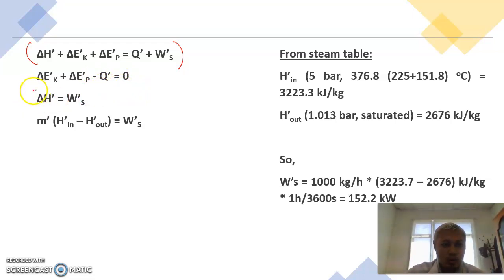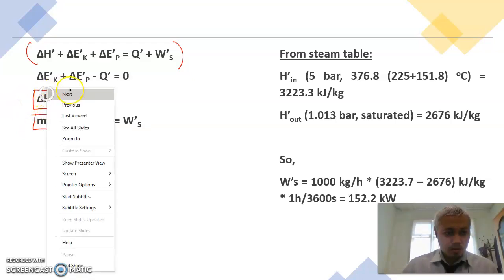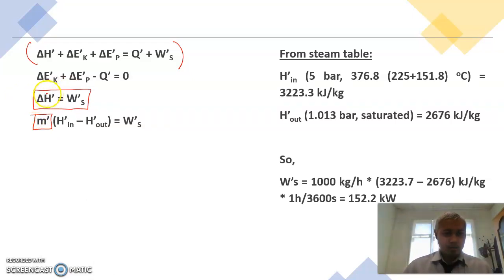So we will be left with these two terms only, in which we know that this is specific enthalpy. Specific enthalpy means we need to have this mass flow rate. This is specific enthalpy, and this is work flow rate, shaft work.